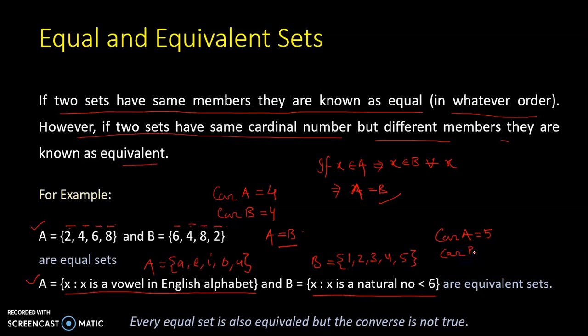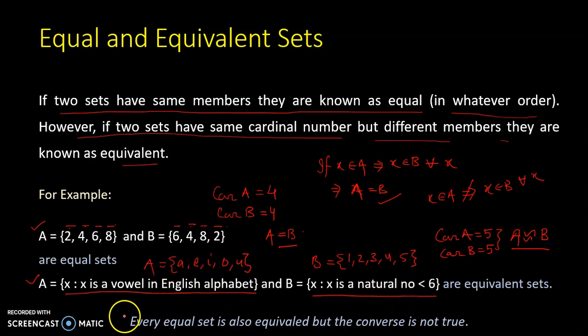Cardinal number of B is also 5. But this condition is not true. That means X belongs to A does not imply that X belongs to B for all X. That means the elements are not the same. Therefore, these are called equivalent sets and will be written as A is equivalent to B. The notation changes.